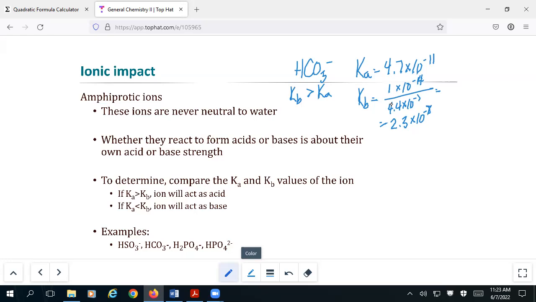It's going to be a basic ion if left to its own devices. And the most common example of that is baking soda. Baking soda is sodium bicarbonate. And what are the things that we know about baking soda? It's a relatively cheap antacid. It's a good stabilizer. It has a relatively basic pH. This is why.